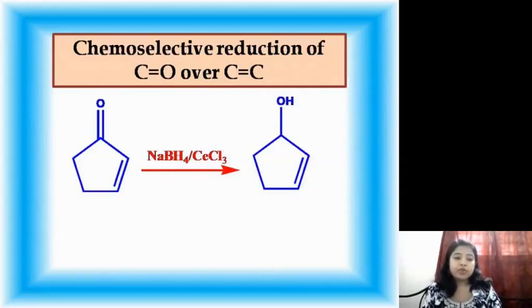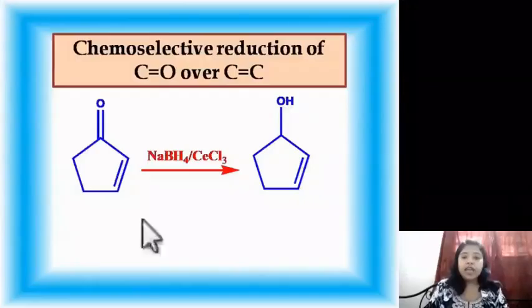Now let us go through some other examples of chemoselective reactions as well as reduction. Also we will be discussing the oxidation reaction. So far from the chemoselective reactions, we have understood that there will be two functional groups, and out of these, one will be attacked by the reagent.